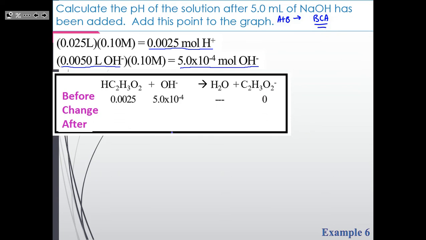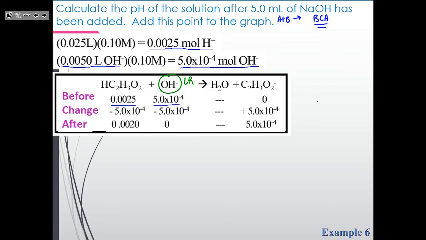So I'm going to plug in my values for the weak acid, and I'm going to record and write in the values for the hydroxide. Water we do not include, and currently there is no conjugate base, the acetate ion. We're going to continue with a minus of our limiting reagent, and in this case, hydroxide ends up being our limiting reagent.